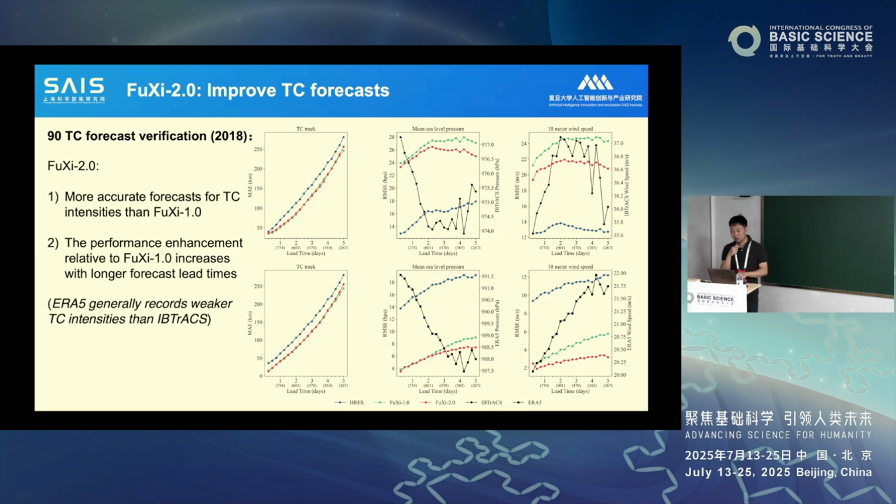And this is not the end of the story for the tropical cyclone forecast, because you can see that all those models are developed using a standardized dataset called ERA5.